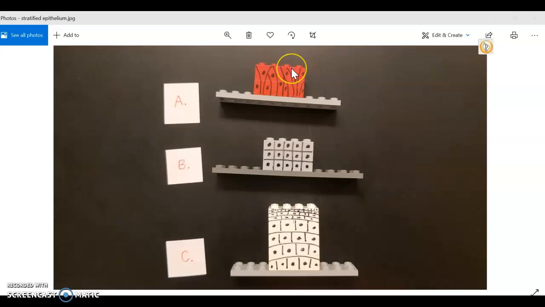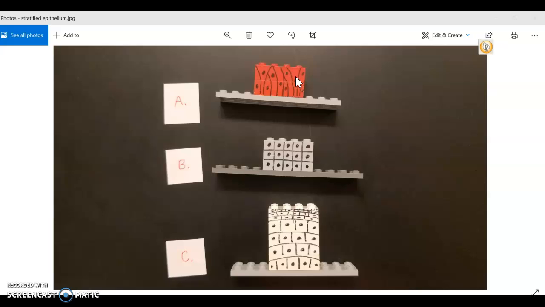One of those components are what we call goblet cells. Now I should have drawn some in here, but I'll show you with my pointer. The goblet cells are going to be towards the apical surface, and they're going to look even larger than a nucleus, and they're going to be usually really darkly colored. And those are goblet cells. And goblet cells secrete mucus, which is important because we have to keep this exposed surface moist.